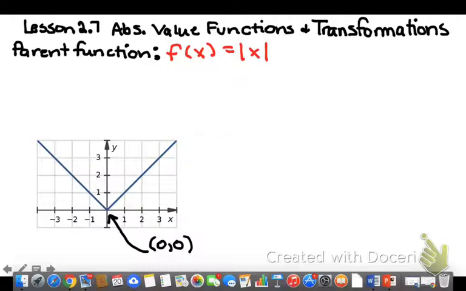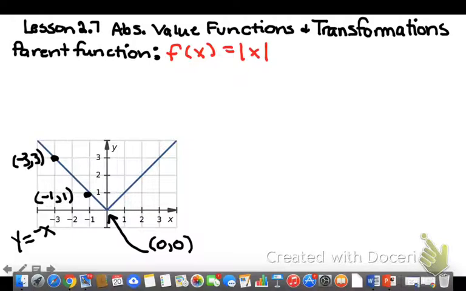So the left-hand side of this graph would be y = -x, and we can see that because we have an ordered pair (-1, 1). We could go left 3 and up 3, so we end up with (-3, 3).